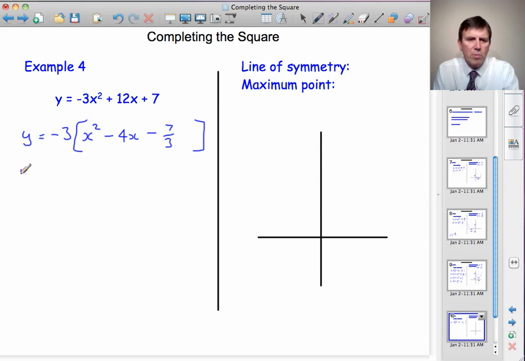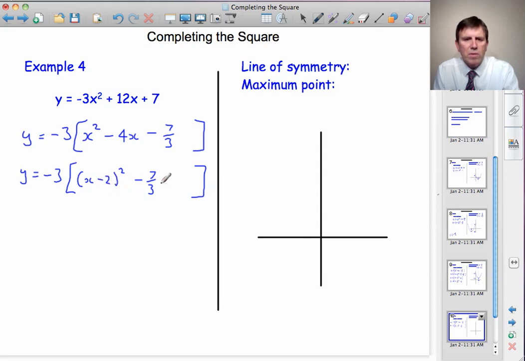So, working from there, inside the bracket to complete the square. Forget about the minus 3 at the front for now. We've got x something squared minus 7 over 3. What's the number that goes in here? It's half of the minus 4, so it's minus 2.